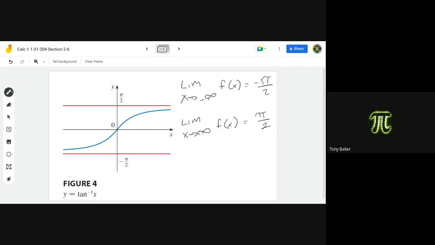Just describing what numbers it approaches. It's basically describing your end behavior. If you remember in pre-calc, you talked about end behavior, typically like the odd ones go up, go down, those types of things. Horizontal asymptote is describing the end behavior as it's getting closer and closer to a value as it goes to infinity.